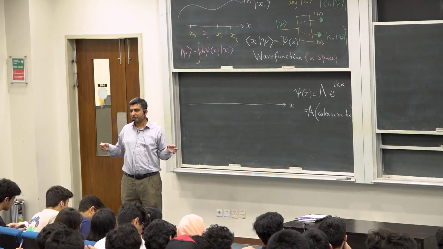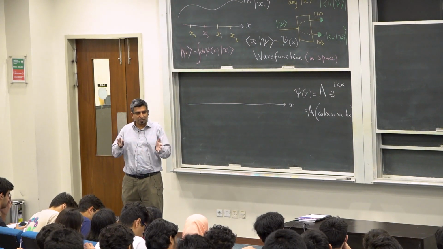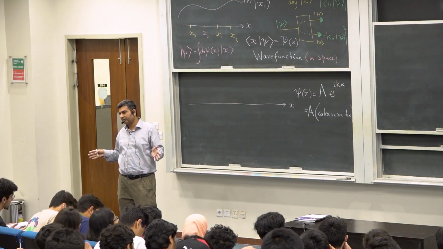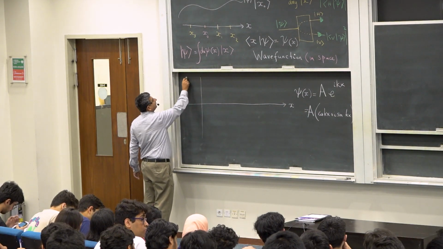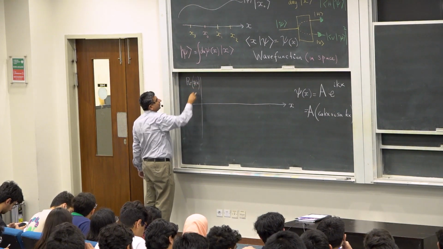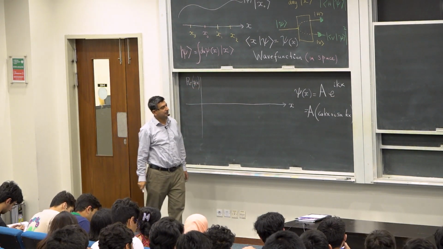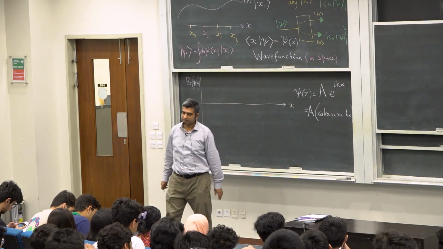I can't, because it's a complex function, but I can plot the real part and I can plot the imaginary part separately. So if I were to plot the real part of this function psi x, what is that going to look like? It's the cosine function. All right, so let me plot this.